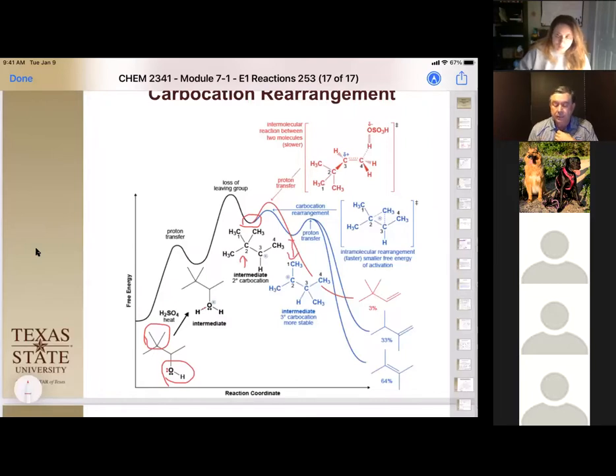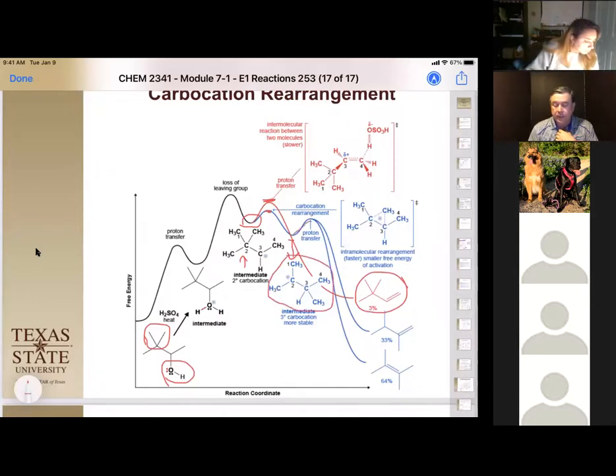But it's in competition with just transferring a proton. If it just transferred a proton, we'd end up with a terminal alkene that's only monosubstituted. But the energy barrier to get to that tertiary carbocation is less than just removing that hydrogen. And so we get to our second intermediate, which is our tertiary carbocation.